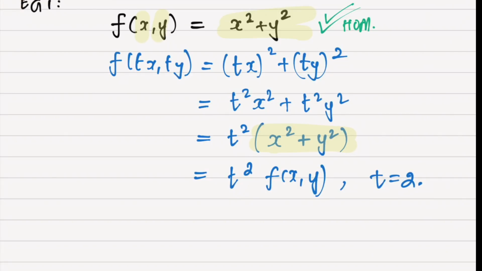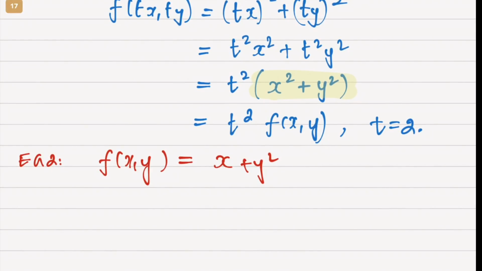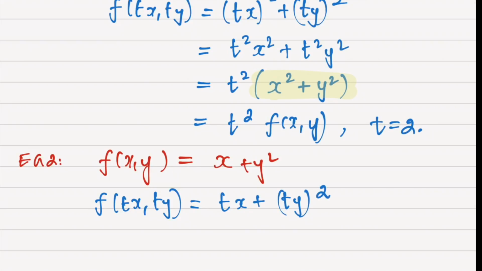Now let's take a look at another example that is not homogeneous. Let's take a look at this function right here: f of x comma y equals x plus y squared, as simple as that. If you replace x and y by tx and ty, you see that I'm going to have tx plus ty, the whole squared, which if I simplify, all I can do is just that.